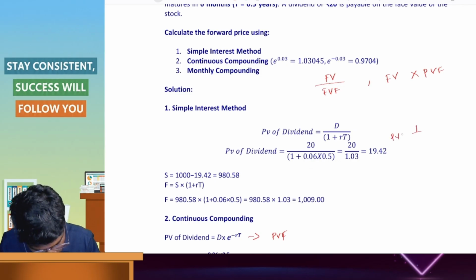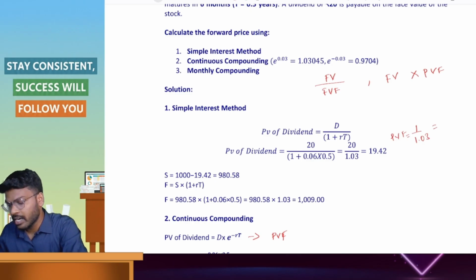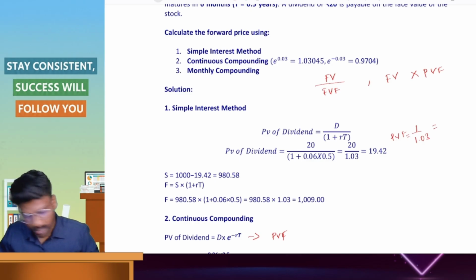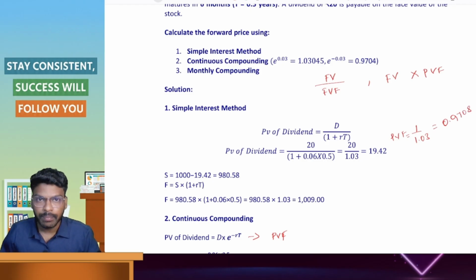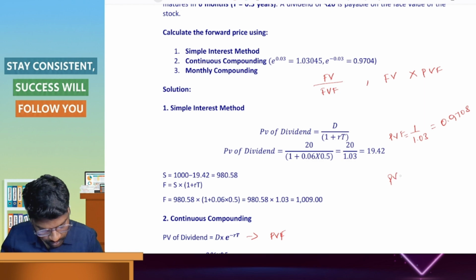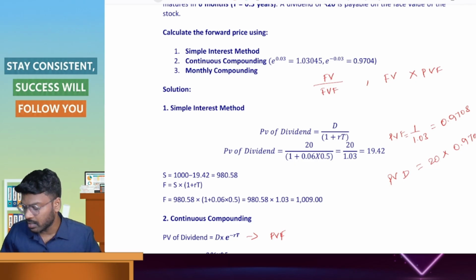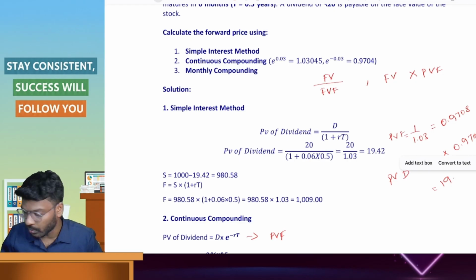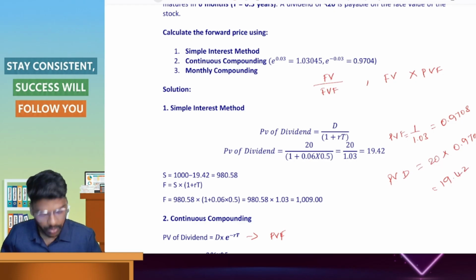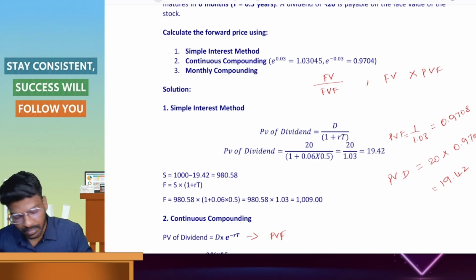The present value factor is equal to 1 divided by 1.03, which will give you 0.9708. Okay, this will be computed: present value of dividend equal to 20 into 0.9708. Multiplied with 20 will give you 19.42. Okay, same answer we will get. Simple mathematical calculation.